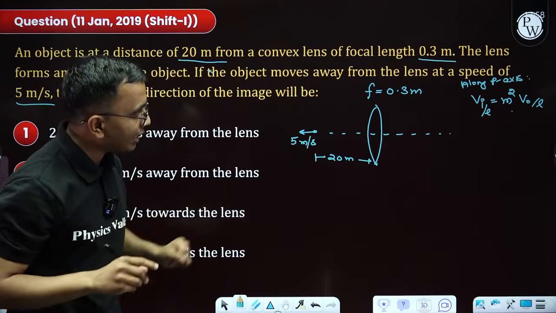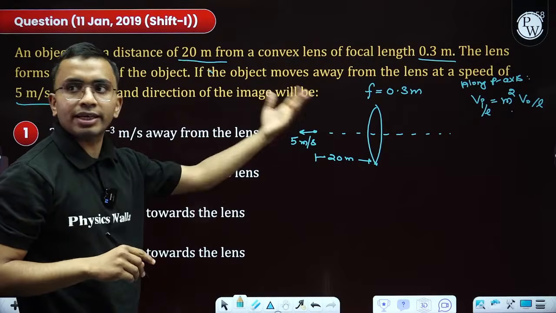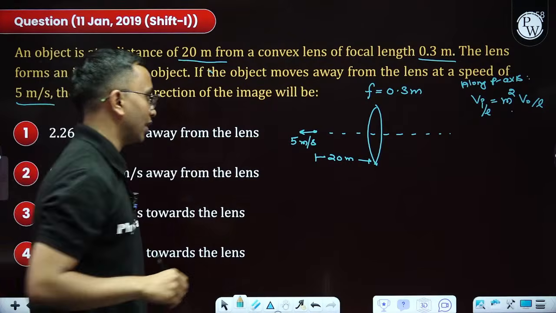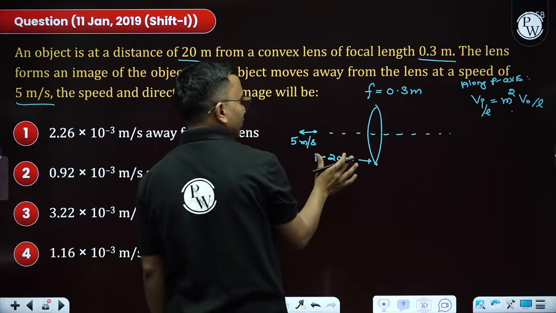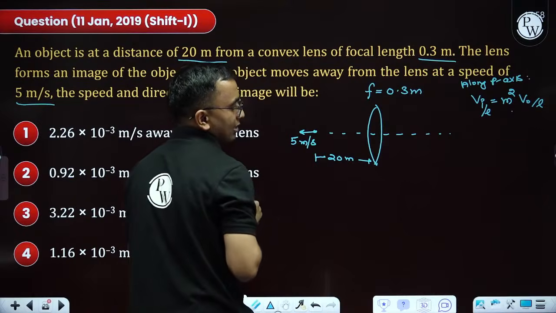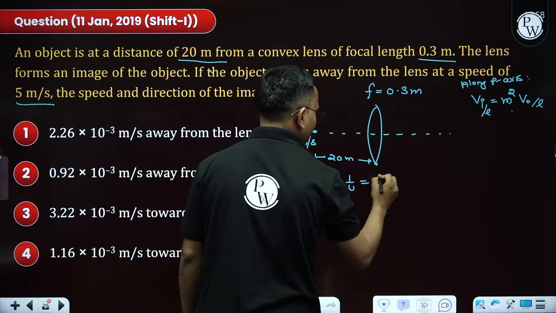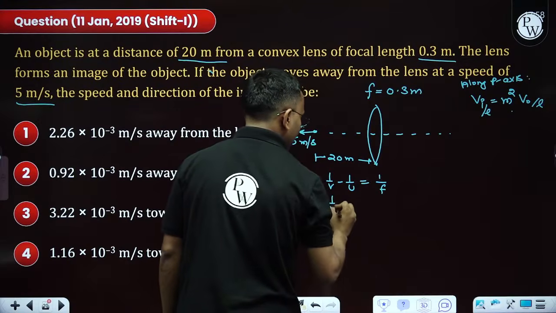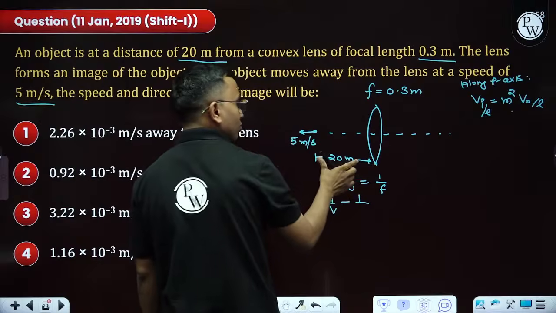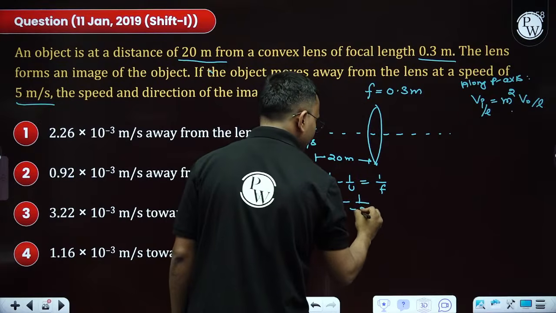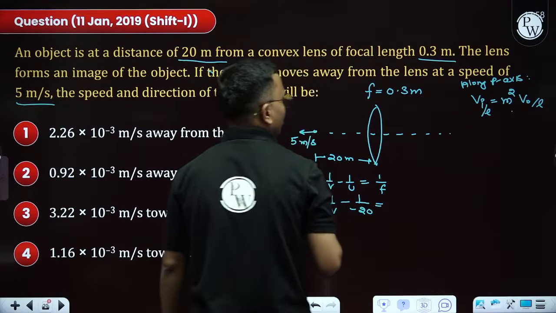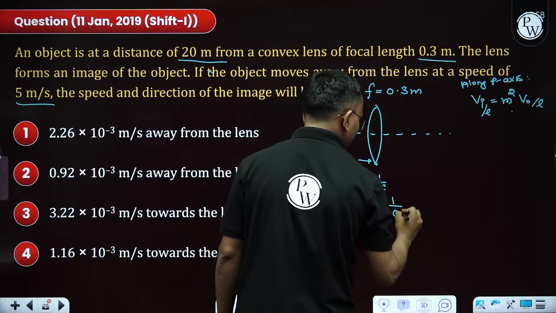Basically, first I need to find the magnification, then I can talk about the magnitude and all. So I need magnification. My object is placed at a distance of 20 meter. 1 by v minus 1 by u is equal to 1 by f. 1 by v minus 1 by, what is u? Minus 20, is equal to 1 by f. This is 1 by 0.3.